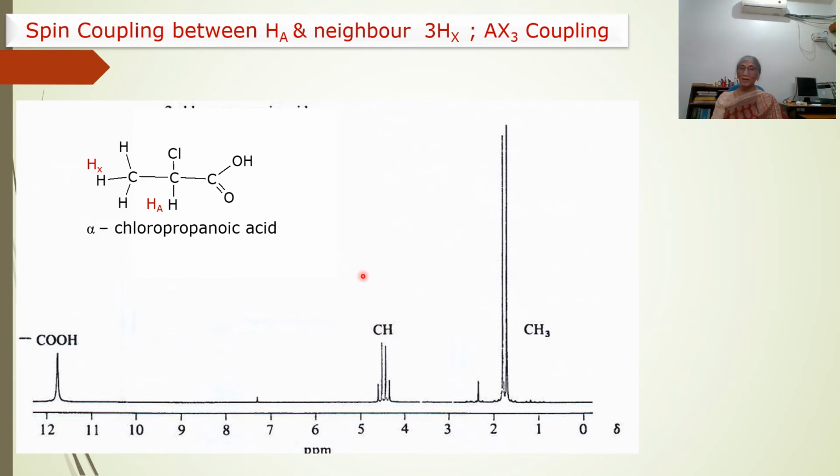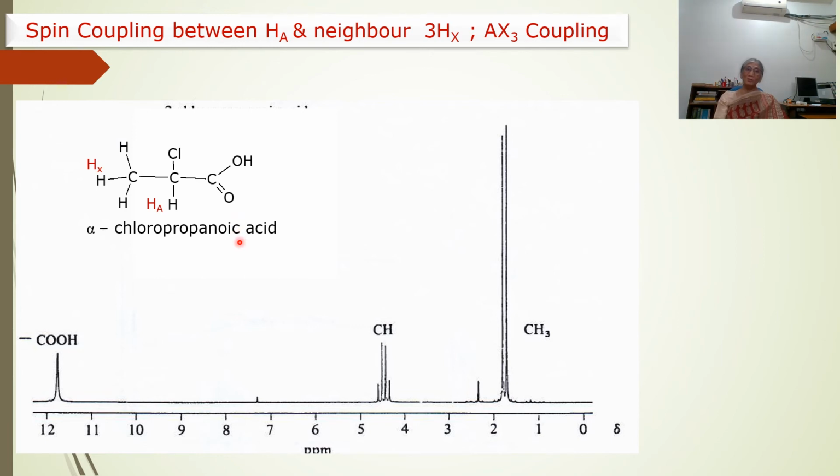Here we will apply the n-1 rule. Look at the 4 peaks of this signal, and it has split up into 4 peaks because there would have been 3 neighboring protons. So when we look at the NMR spectrum, we apply the n-1 rule. Similarly here, there are 2 peaks, means to say that its neighbor will have only 1 proton, that is the n-1 rule.